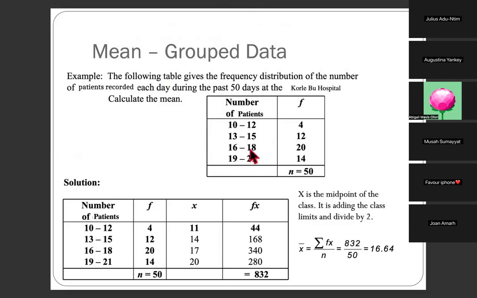When you are looking at the group data, within maybe 10 to 12 patients, you have a certain frequency of 4. So you can see that this particular interval is full of a group of people. This particular interval is full of a group of people. So let's look at what this data says.